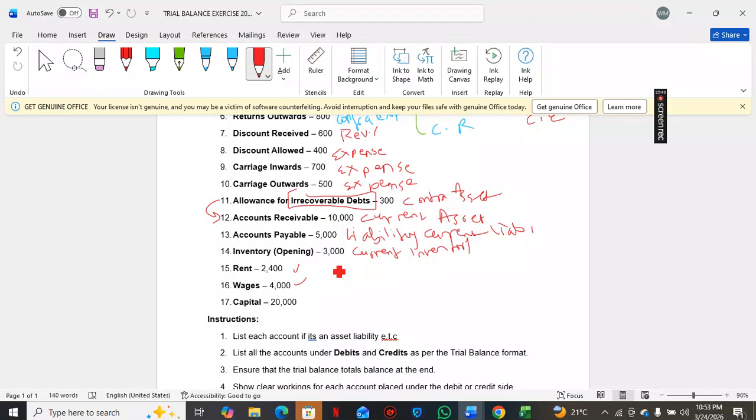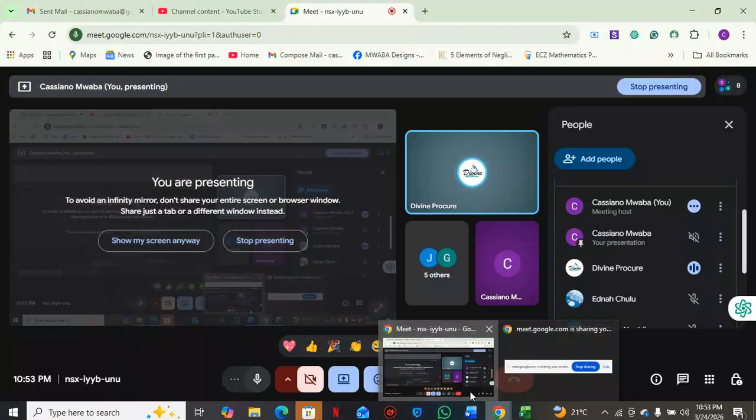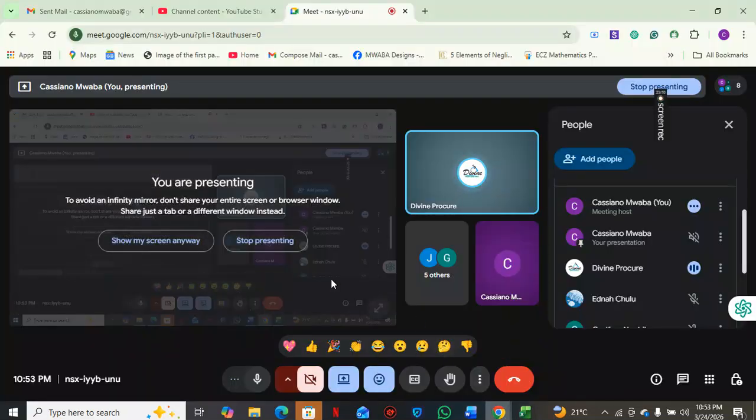Capital. What is the definition of capital in accounts? It's the money you invest in a business in order for you to gain a profit.